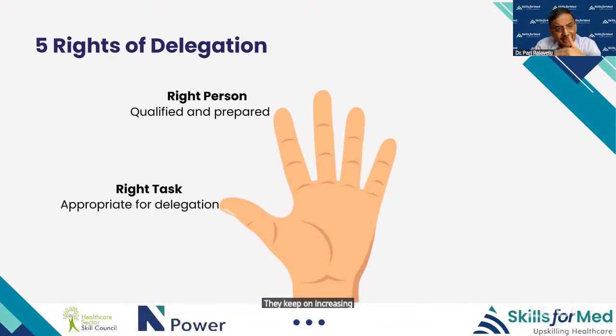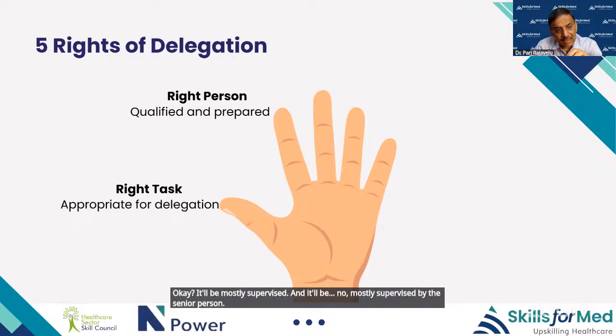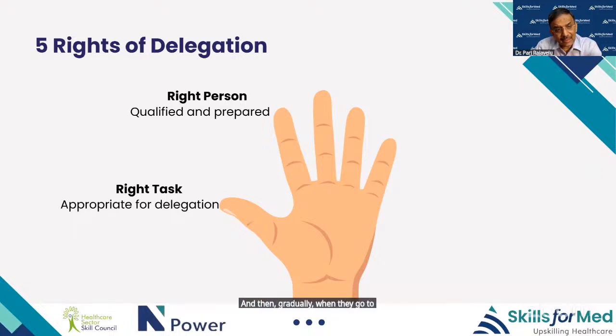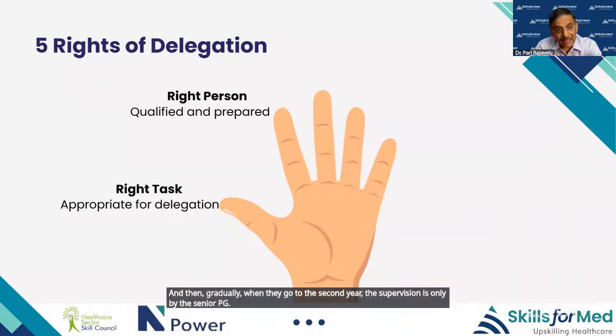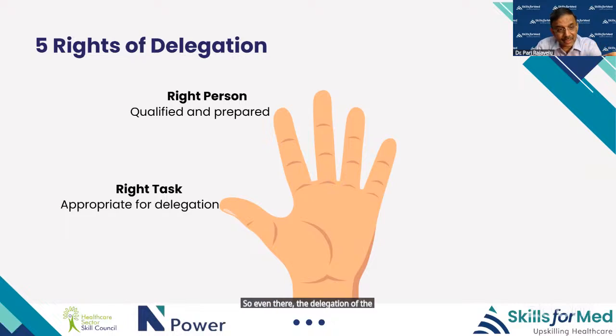So in the initial phases, the delegation will be very minimal, mostly supervised by the senior person. Then gradually, in the second year, the supervision is only by the senior PG. Even the delegation of supervision can take place if you do it properly. So the right person needs to be privileged.